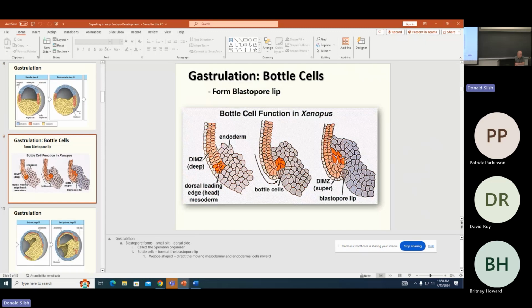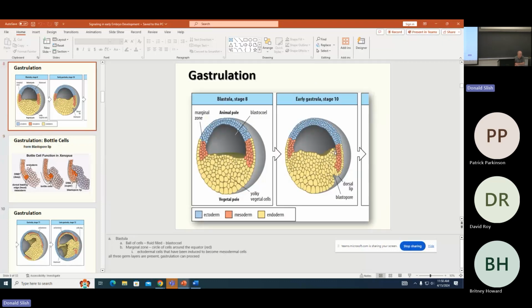So what we're doing here is developing 3 layers of cells. We've got ectoderm on the outside, mesoderm here, and then endoderm here. This thing is going to turn, move up, it's going to crawl along the inside of this blastocele.